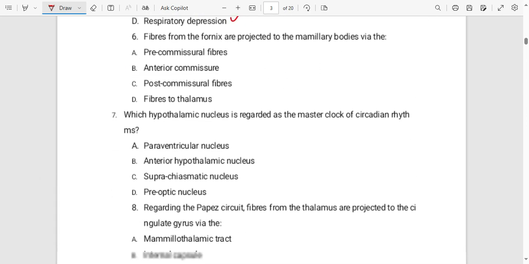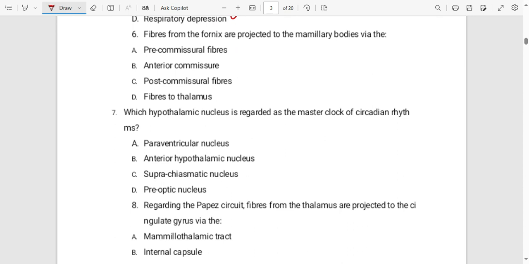Number six: fibers from the fornix are projected to the mammillary body via the A, precommissural fibers, B, anterior commissure, C, posterior commissure, D, fibers to the thalamus. Anyone that can help? Anyone?